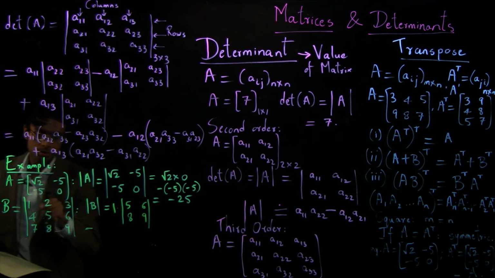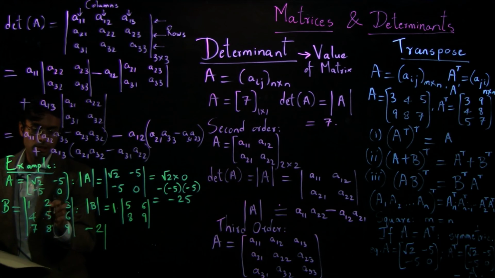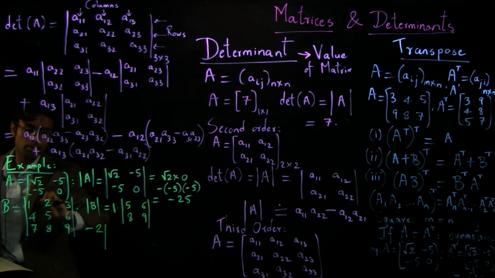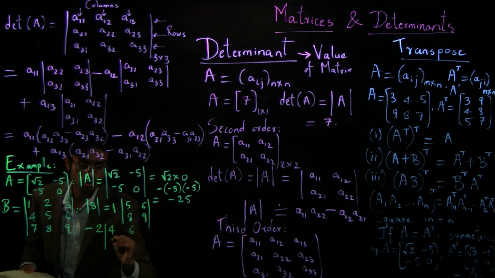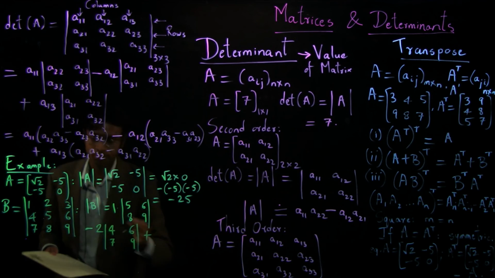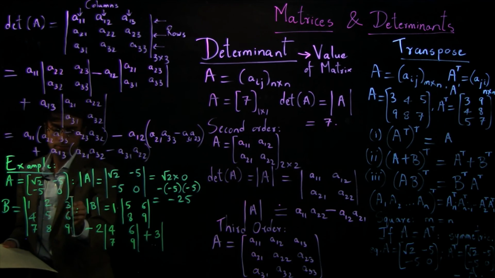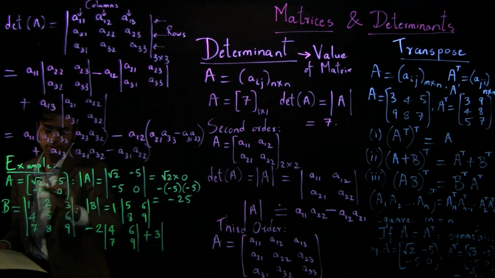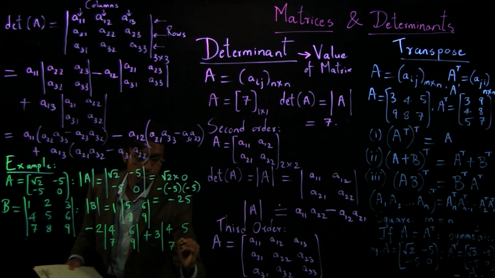minus the second element 2, and you block off this column and this row, so you are left with 4, 6, 7, 9, plus the third element, which is 3, times block off this and block off this, so you're left with 4, 5, 7, 8.